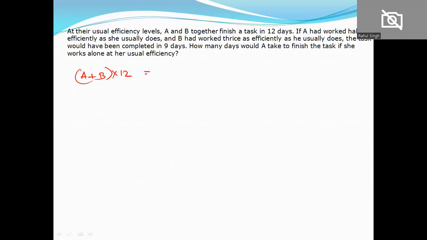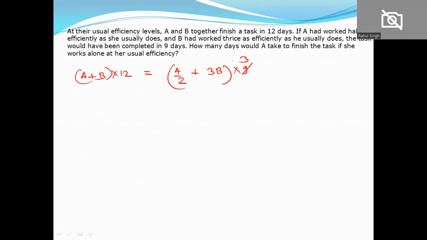But this entire work can also be done by A and B if A worked at half of his efficiency and B would have done 3 times. Then they would have taken 9 days. सही है.